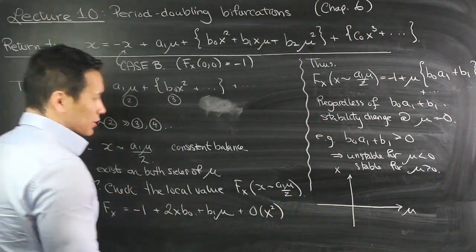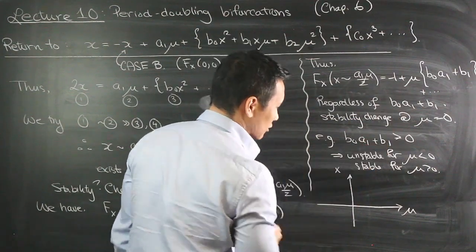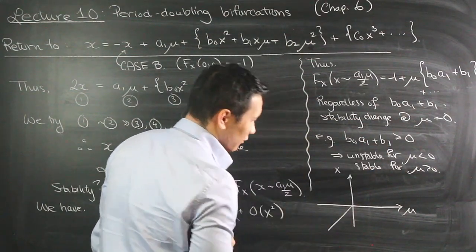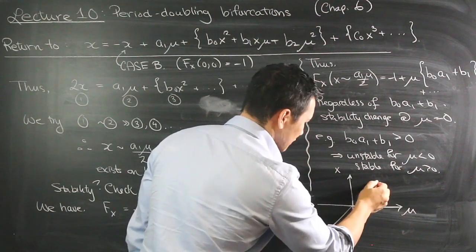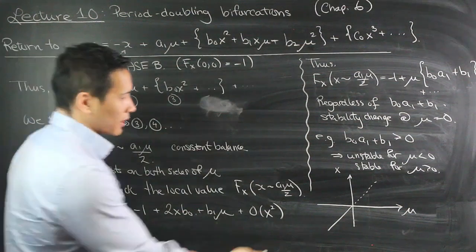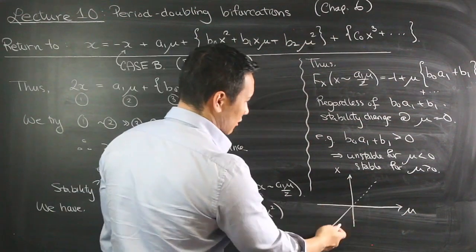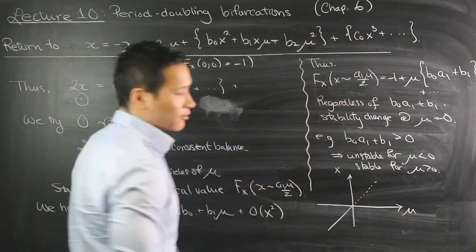You also know that the stability has to change depending on what this value is. So the point is that on the left here, you have stable to unstable or vice versa. The picture might have a line of a different gradient. It might be a negative gradient, and it might also go from dash to solid or vice versa.